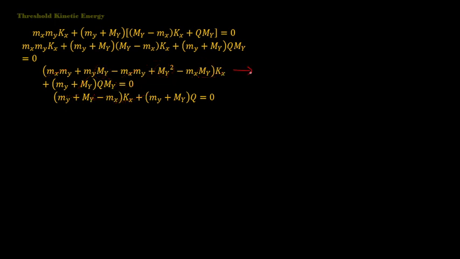So what we have to do? Take m_y common from the first bracket, and this is the m_y of the second term, and then divide both sides by m_y, and it will give us this equation.